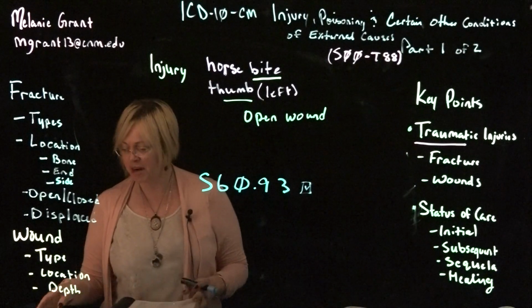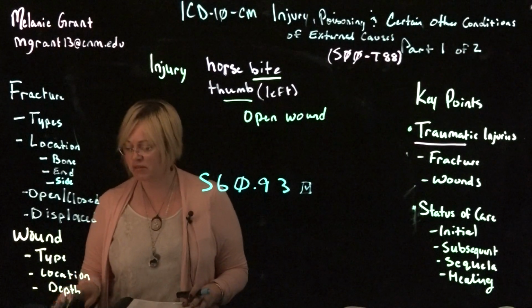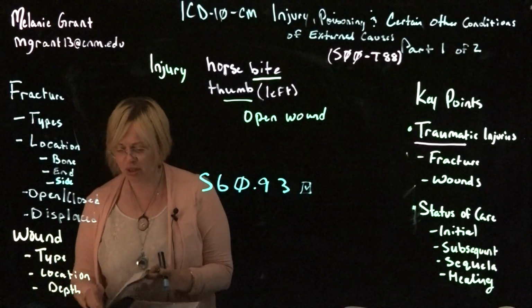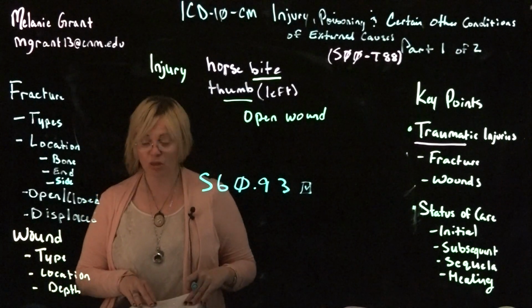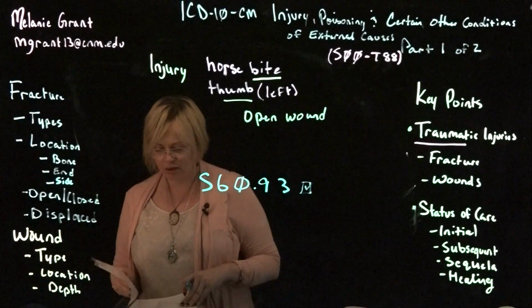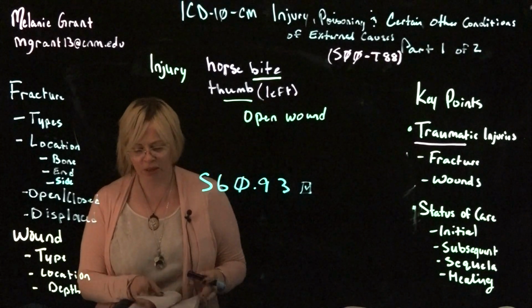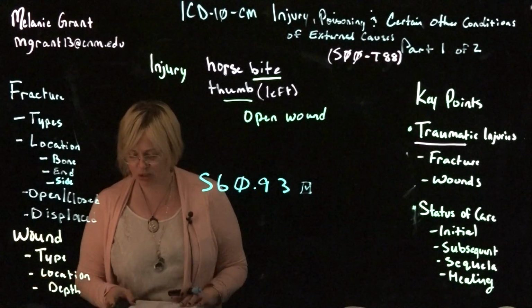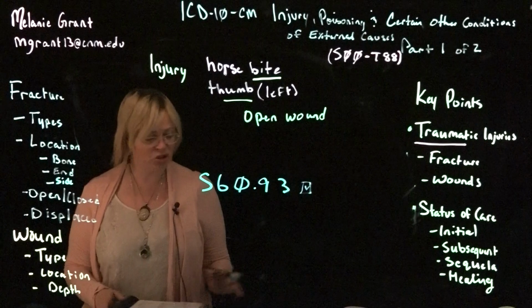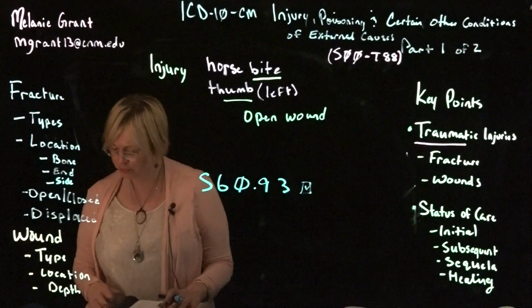Okay? So I might have thought bite of the thumb and it would have taken me to a different area or maybe even given me backlash. In this case, it wants me to go bite, superficial. Again, remember that that means the skin of the thumb. And we know it's of the skin that it's superficial because it didn't specify that it was deeper. And the treatment didn't seem like it was either.